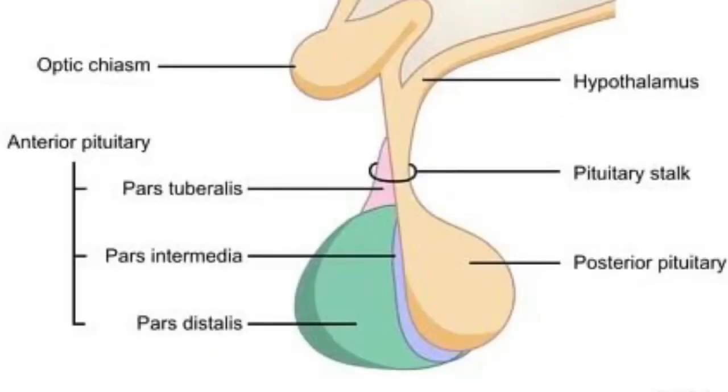Like we said in our previous video, the pituitary gland is connected to the hypothalamus through the hypophyseal stalk, or you can call it the pituitary stalk. And this hypophyseal stalk is formed by the pars tuberalis of the anterior pituitary gland and the neural stalk of the posterior pituitary gland.